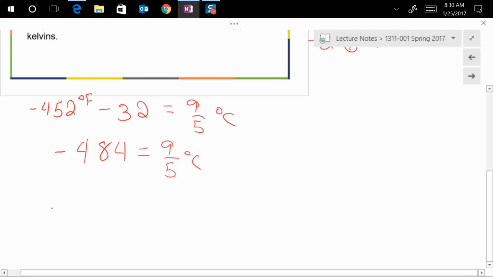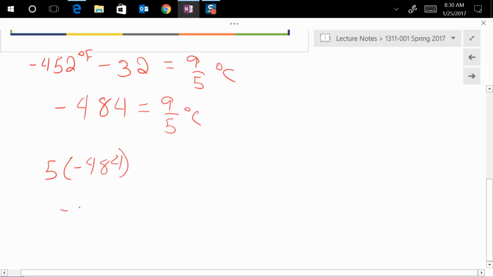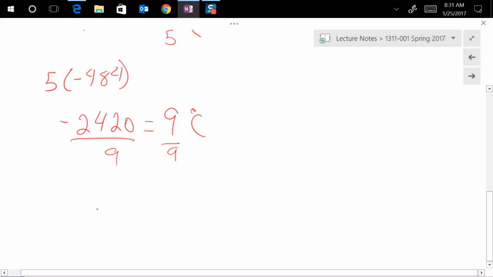So we're going to multiply it by 5. 5 times negative 484 is negative 2,420, which equals 9 times the degrees Celsius. And divide that by 9, and you'll get your degrees Celsius.